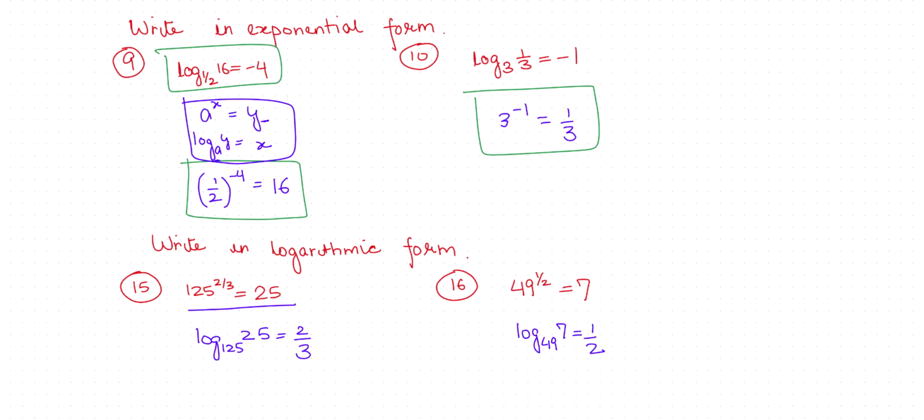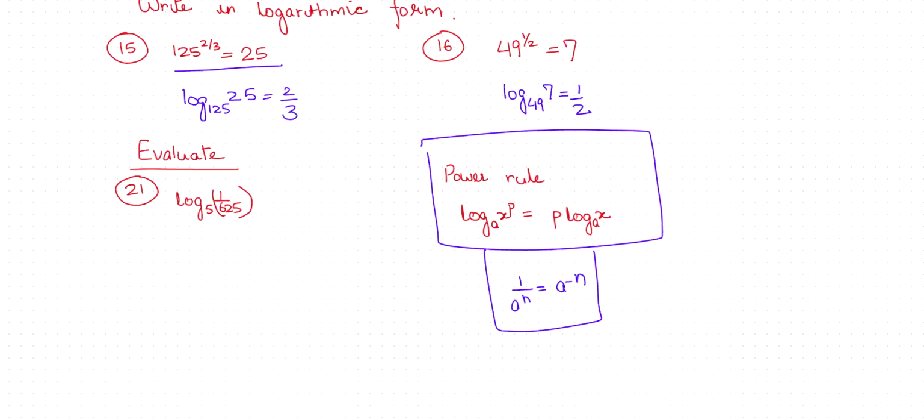Let's do another problem. So this is another question and we have to evaluate it. We'll be using the power rule and exponent rule. So let's first start with simplifying. This is log base 5 of 1 over 625. So 1 over 625 we can write as 5 raised to power 4.